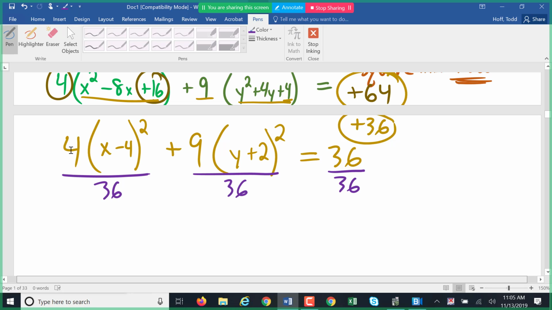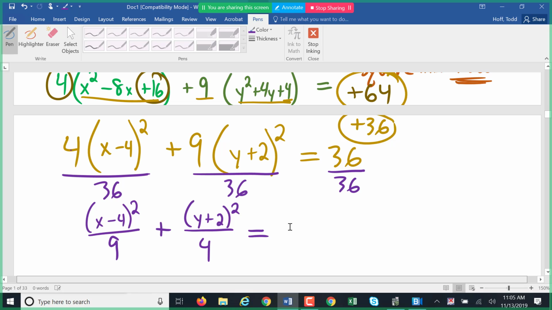So now 4 over 36 reduces to 1 over 9. So that's x minus 4 squared over 9. Plus 9 over 36 reduces to 1 over 4. So that's y plus 2 squared over 4 equals, on the other side we have just 1.